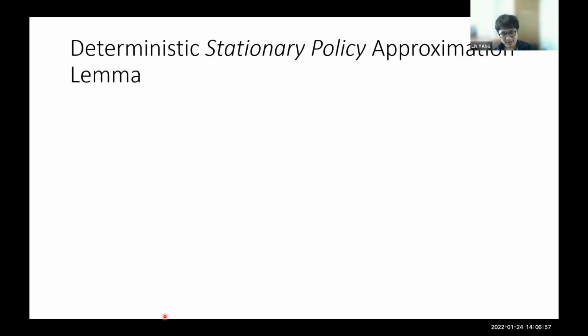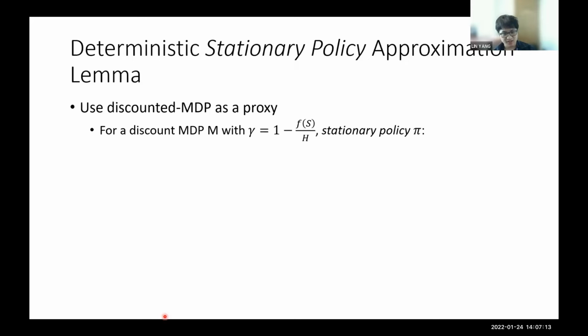All right, what's next? Like I said before, we really want to argue that the stationary policy is good for us to estimate the probability transition matrix. Because of the time limit, I cannot tell you much detail about that. In fact, we are using the infinite horizon MDP as a proxy and show that there is a certain relationship between stationary policies and the finite horizon Markov decision process.